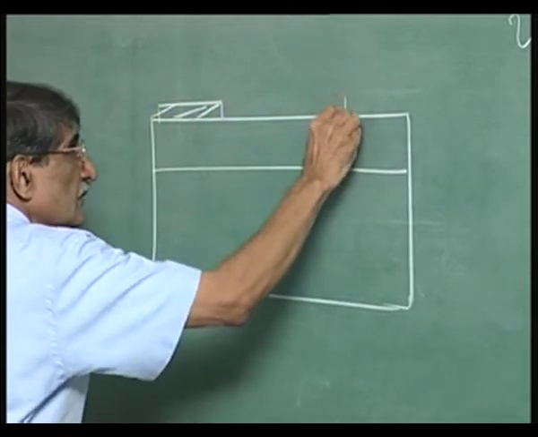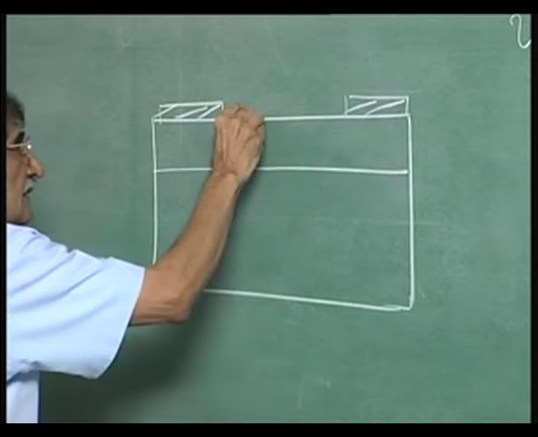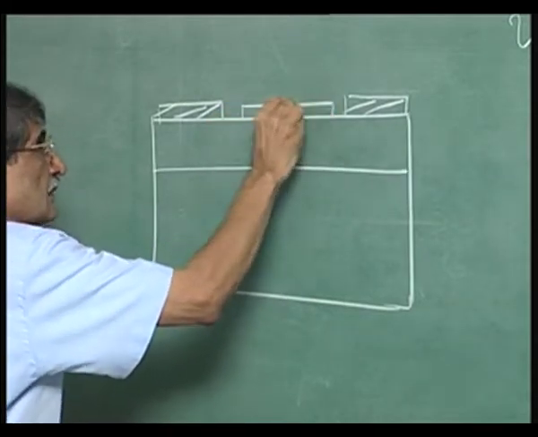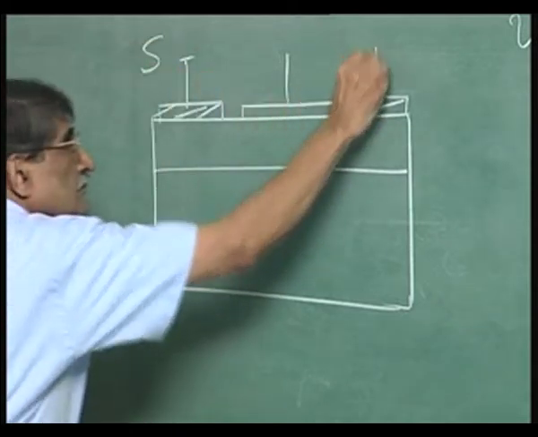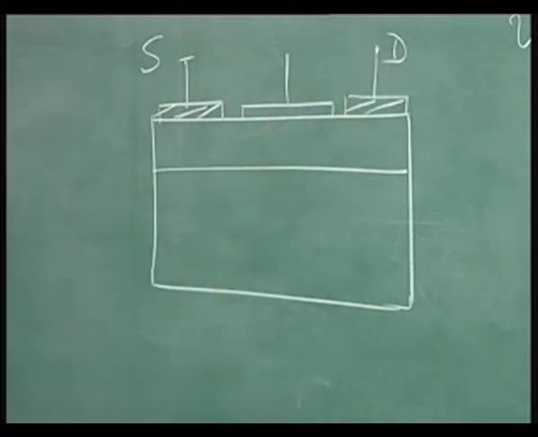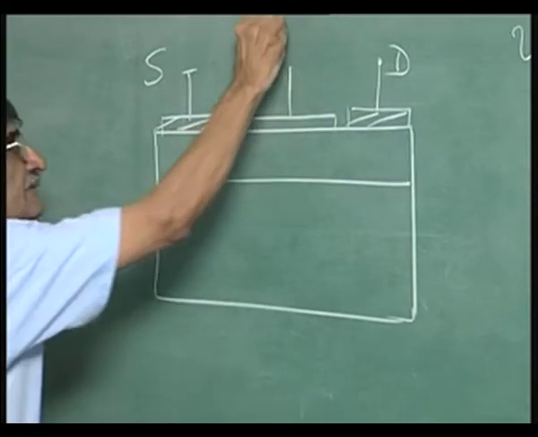That is the source, that is the drain, that is the gate. So, this is a VGS.